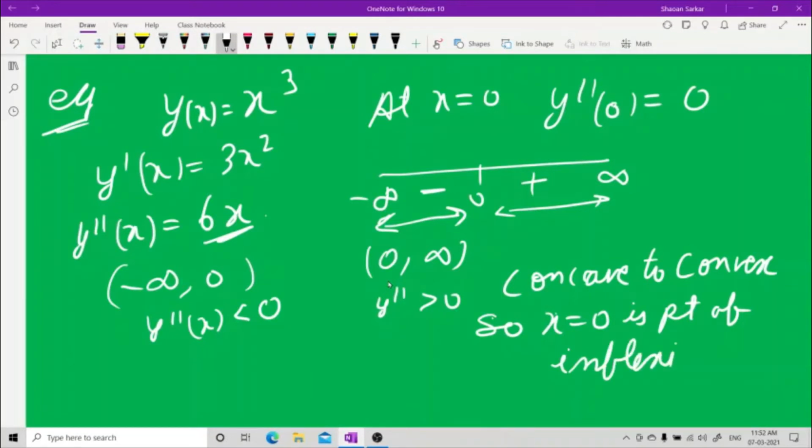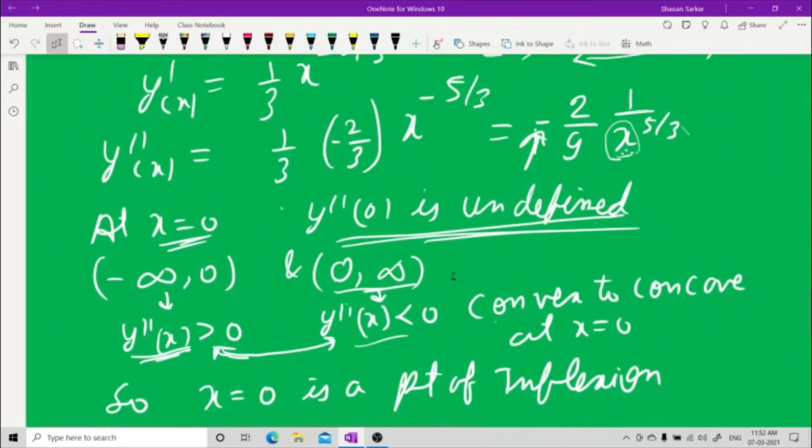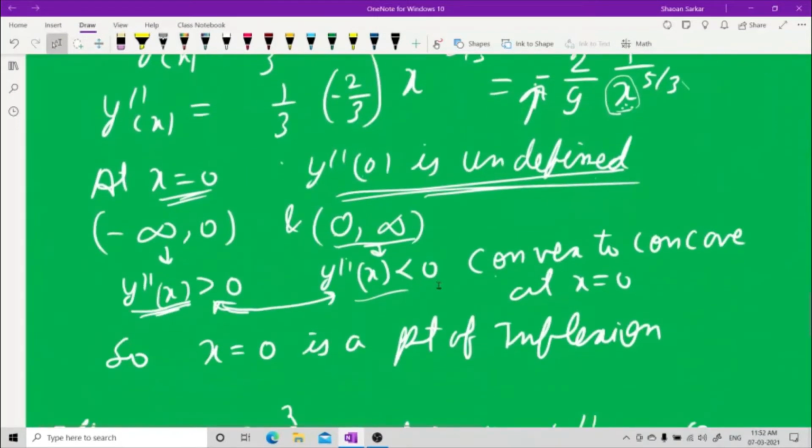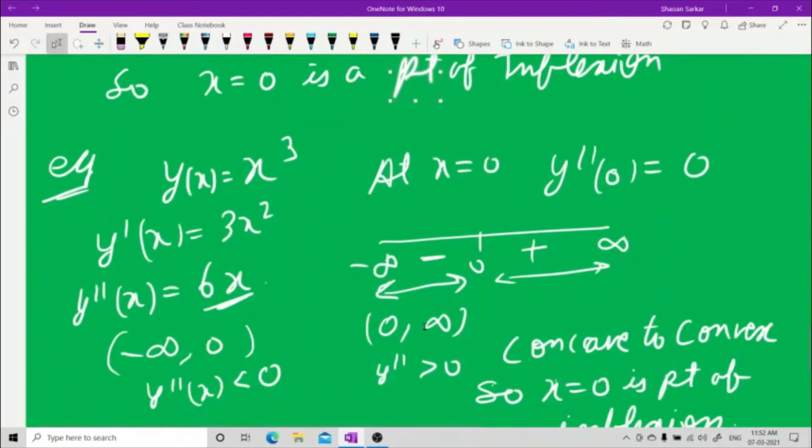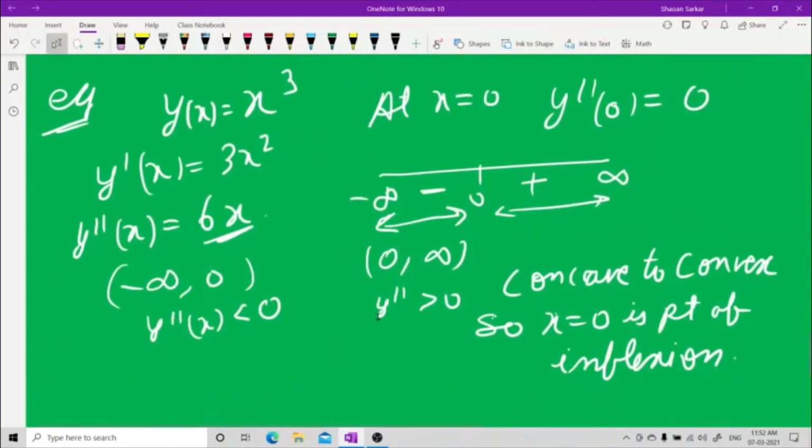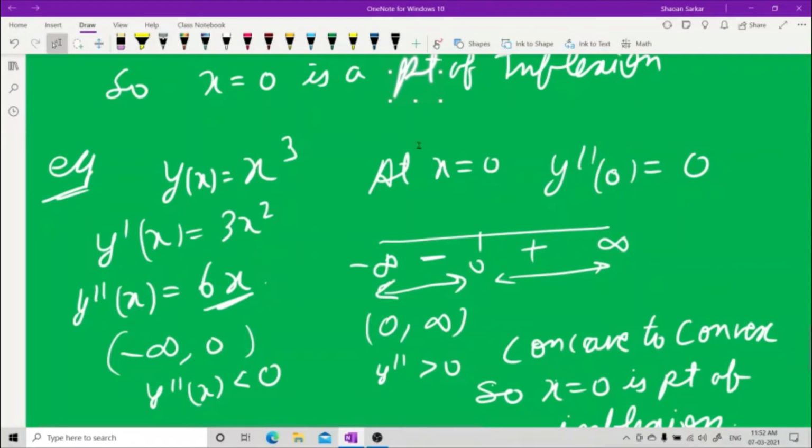Now see one thing. In the previous example, at x0, y double dash 0 was undefined. पिछले एग्जांपल में देखा था y double dash 0 undefined है, और यहाँ पे हम देख रहे हैं y double dash 0 आ रहा है, यहाँ पे 0 आ रहा है.